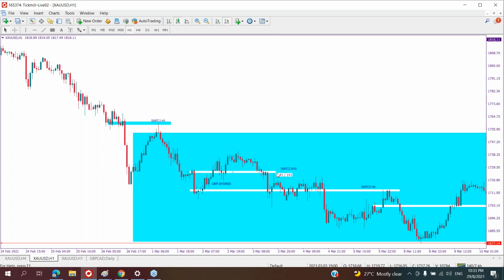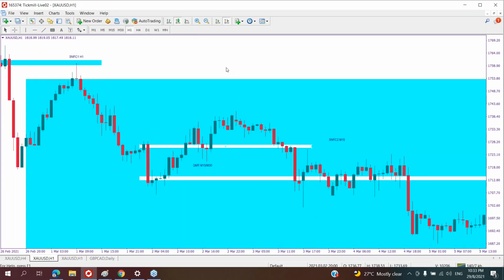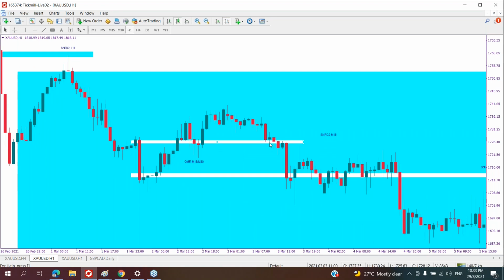This is strong resistance. This is drop-base-rally, and I was about to buy in here. I expected that the price would fly, shoot up like this. But unfortunately, price didn't fly.